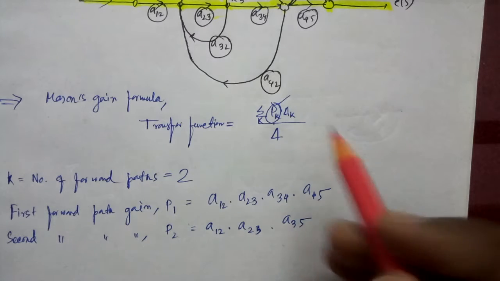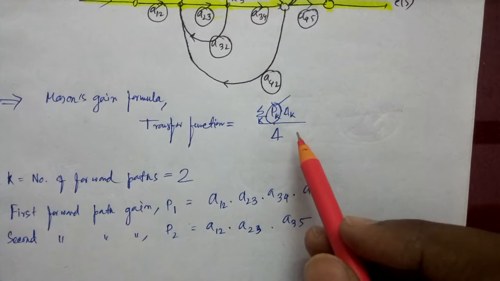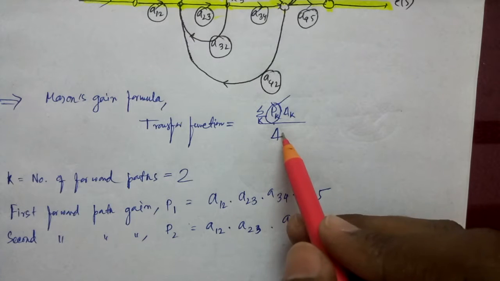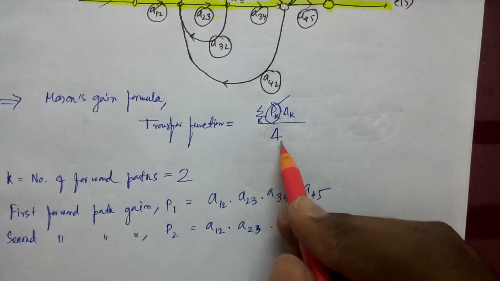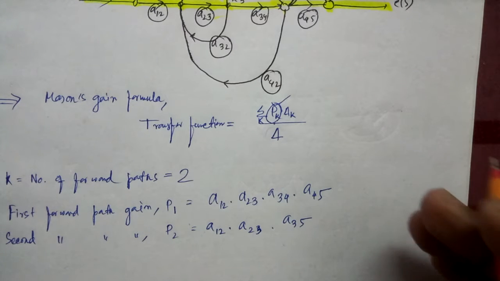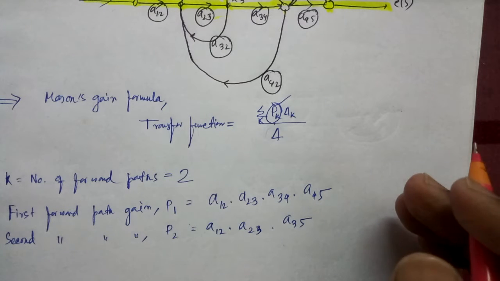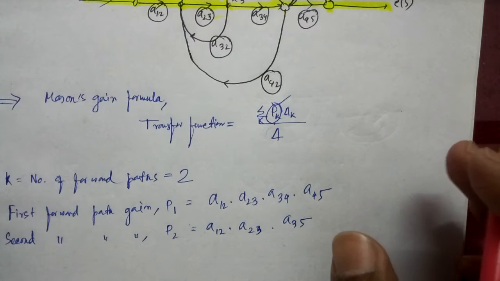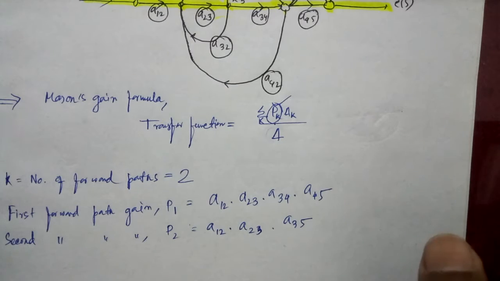Now the Pk calculation is done, but now we need to find the delta value. I have told that delta is equal to 1 minus the summation of all the loop gains, minus the sum of products of two non-touching loops, minus the sum of products of three non-touching loops, and so on.